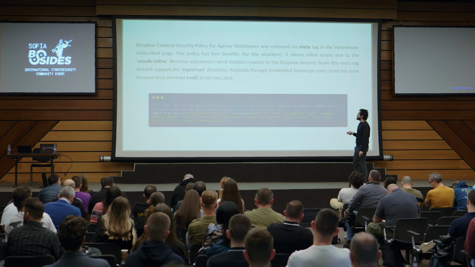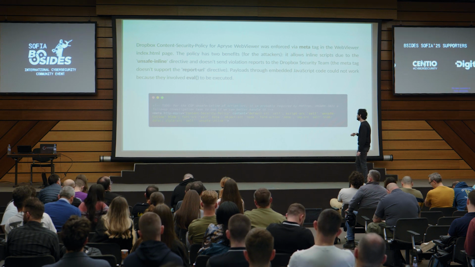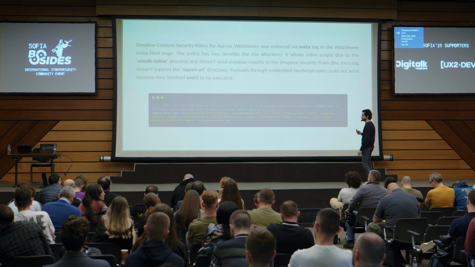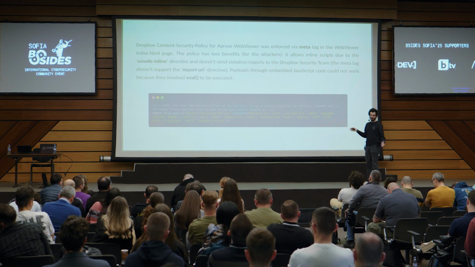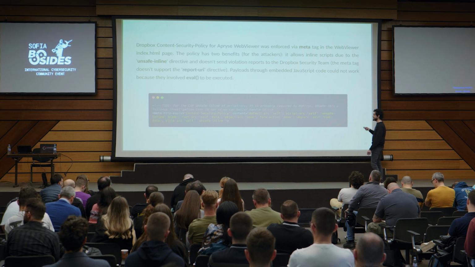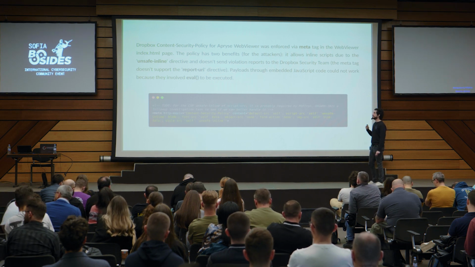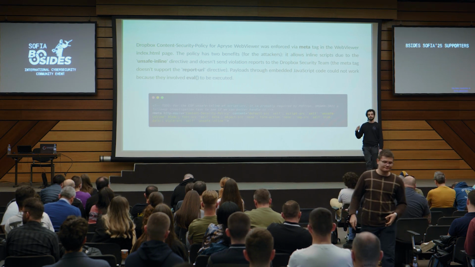So a meta CSP, at least this one, has two benefits for an attacker. The first one is that there is unsafe-inline, and this means that you can inject code if you find a vulnerable input, and this was how it worked. And the second one is that a CSP in a meta tag doesn't support report-uri.